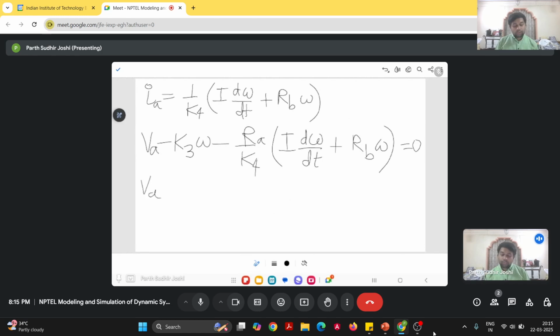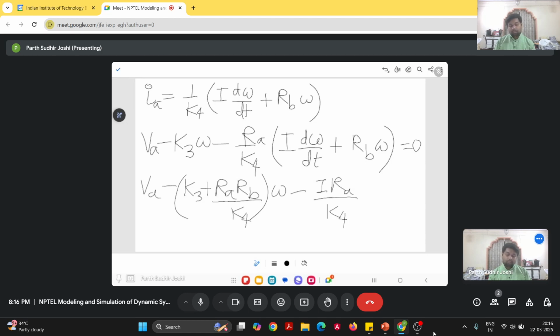We can simplify this further. So we will get K3 plus RA into RB on K4 into omega minus the remaining terms. So this gives us the differential equation for the electric motor, which is armature controlled.